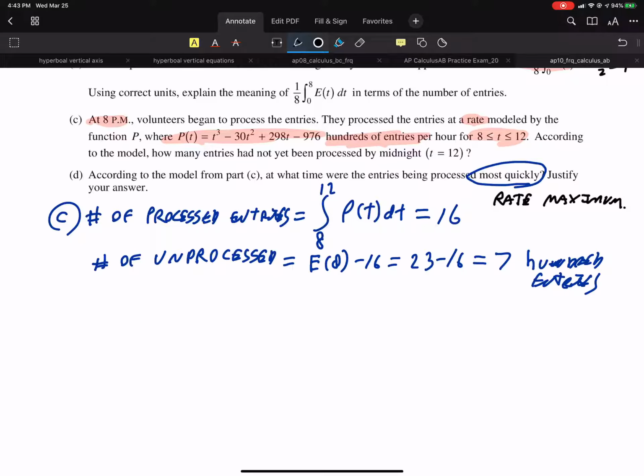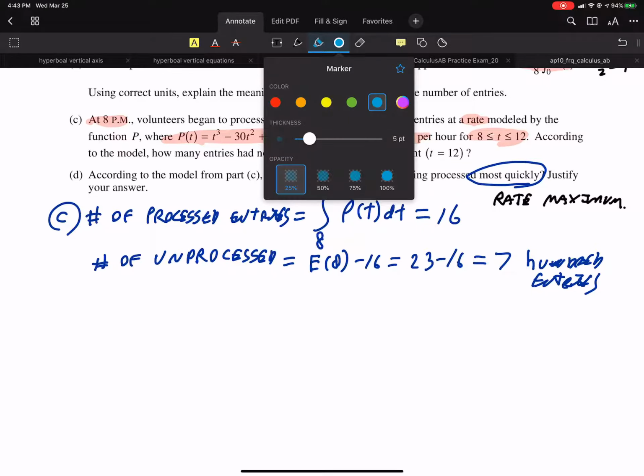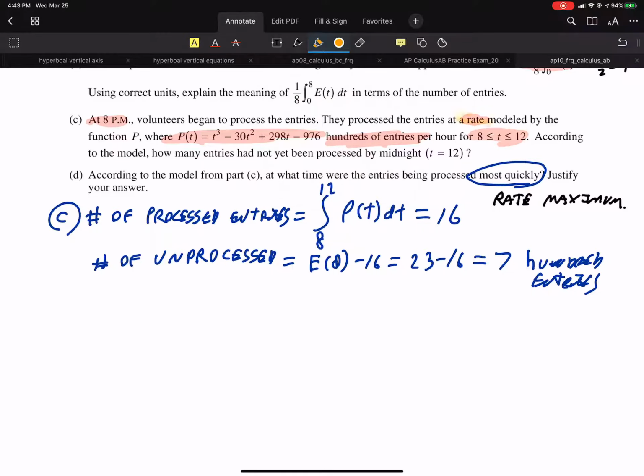But what is the rate of processing? Well, we already found that. The rate of processing is P of t. So, in other words, for part D, we want the maximum of P of t.